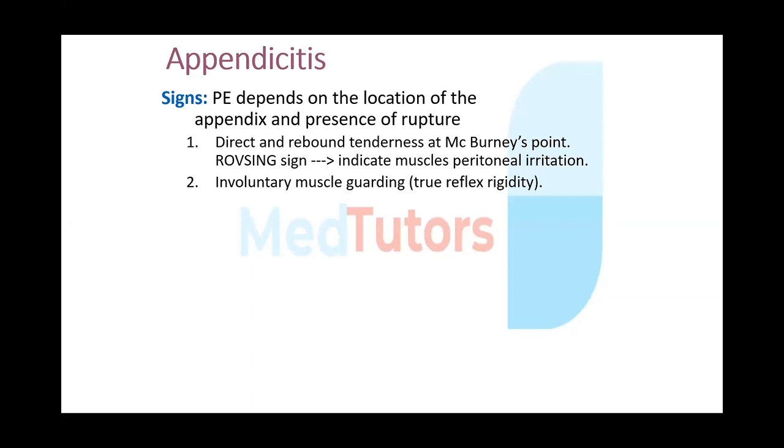When you say rigidity, it is an involuntary contraction of the abdominal wall, and it is due to spasm of the muscle of the abdominal wall. So guarding is an active process, while rigidity is a passive process. Guarding is voluntary, rigidity is involuntary.